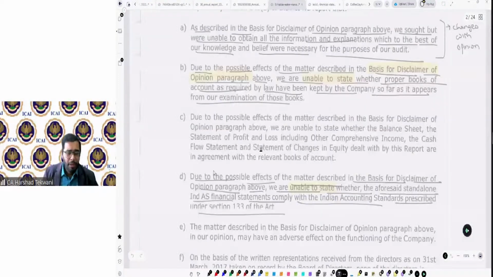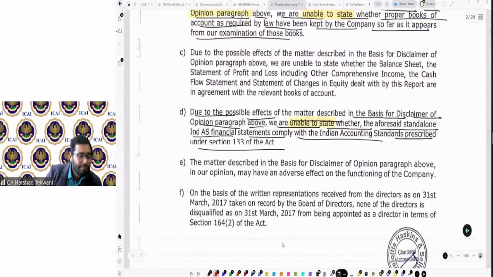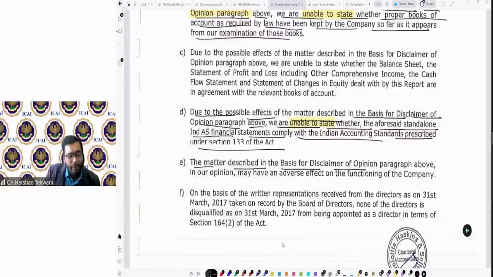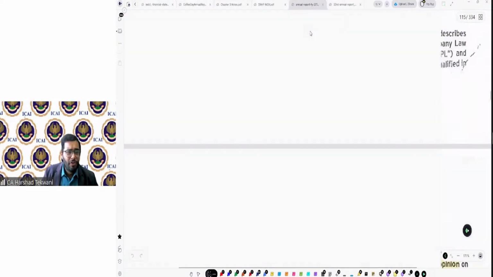Otherwise, not. But here, in the disclaimer of opinion, what they are writing is that the matter described in the basis for disclaimer of opinion paragraph above, in our opinion, may have an adverse effect on the functioning of the company. Again, that totally depends upon the type of opinion that is being issued.